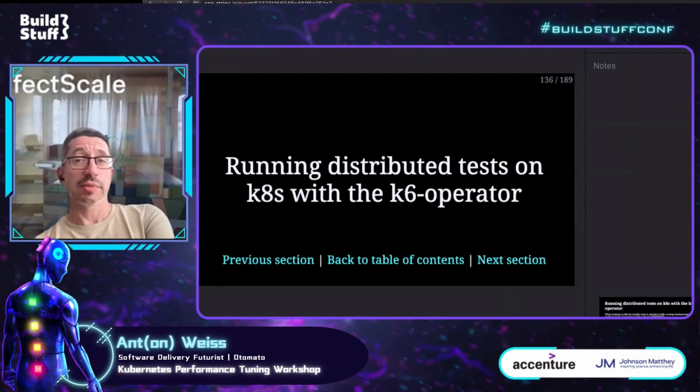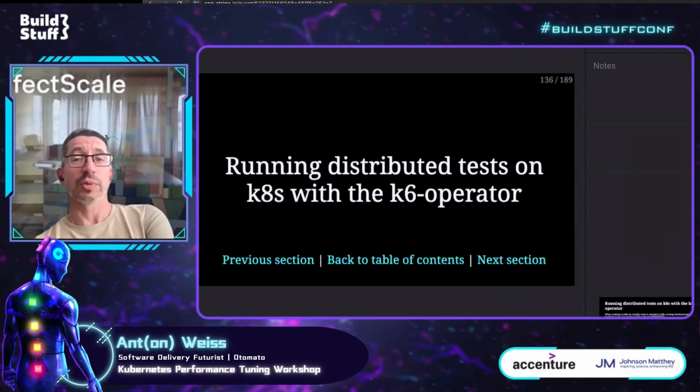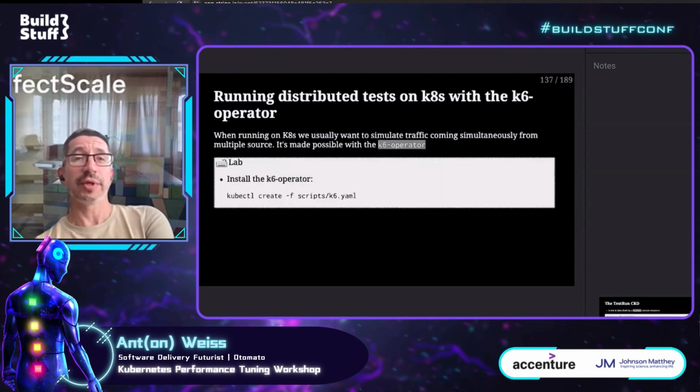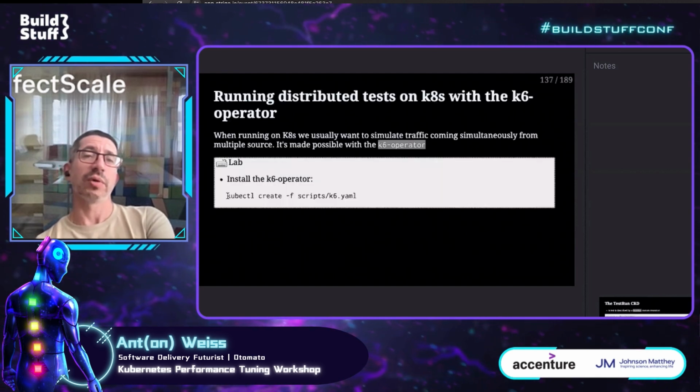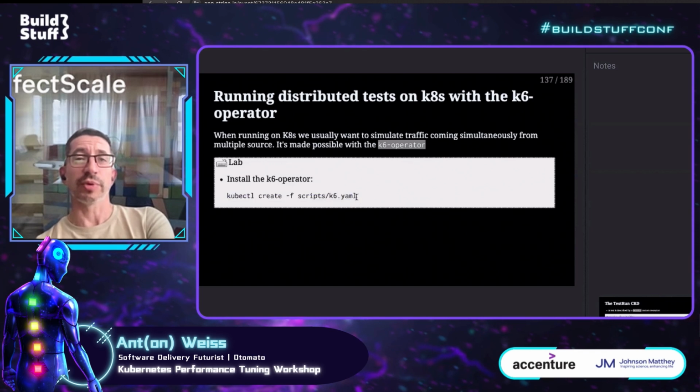Now this is nice, but it's not interesting enough because we want to be able to run stuff on Kubernetes. And in order to do that, we'll install the K6 operator.